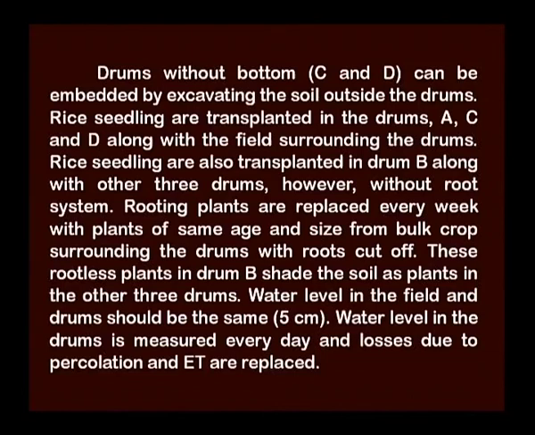These rootless plants in drum B shade the soil like the plants in the other 3 drums. Water level in the field and drums should be the same. Water level in the drums is measured every day and losses due to percolation and ET are replaced.